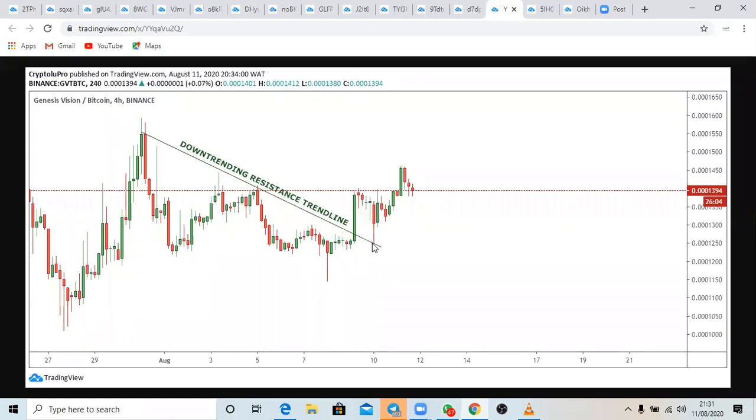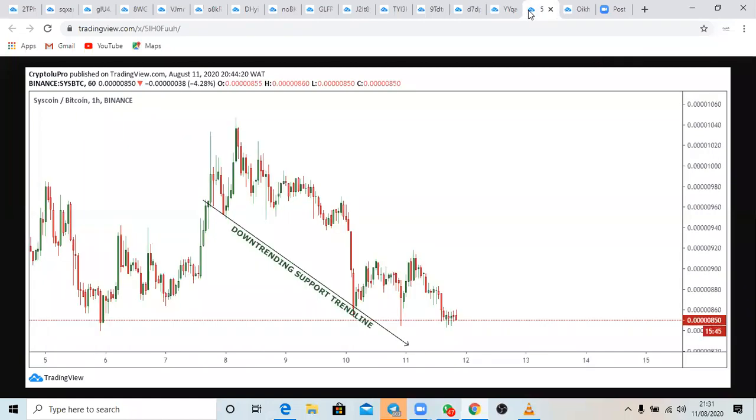As you can see, it came back for a retest on that resistance trend line before going back up. But please note that it is not every time that price will come back for a retest. This is not compulsory. Once in a while, price might come back, and sometimes price might not come back. So you shouldn't always expect a retest on a trend line.